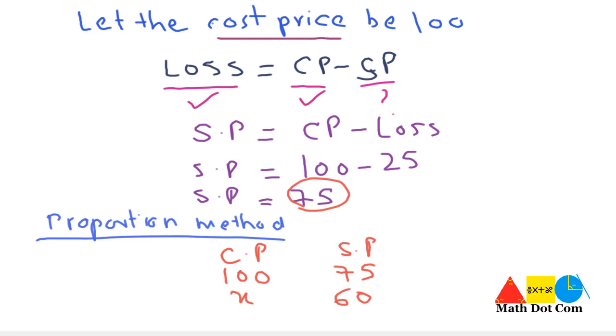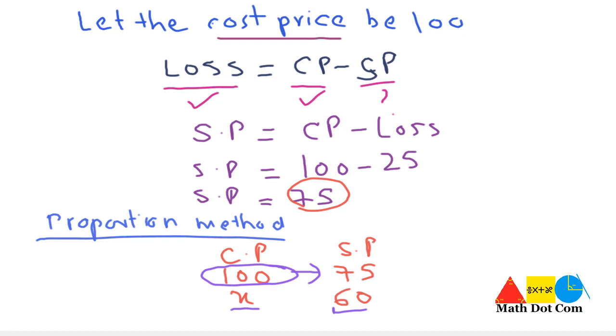Okay, keep this in mind that this cost price was the supposed cost price that we have supposed above, and corresponding to this supposed cost price, 75 is the supposed sale price that came out.